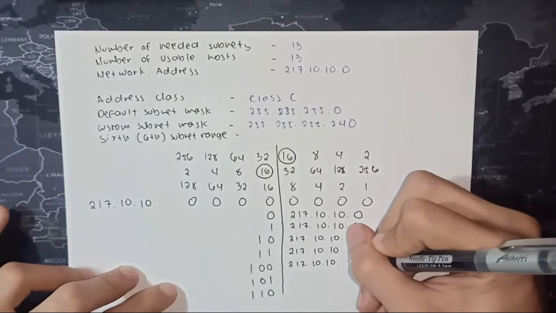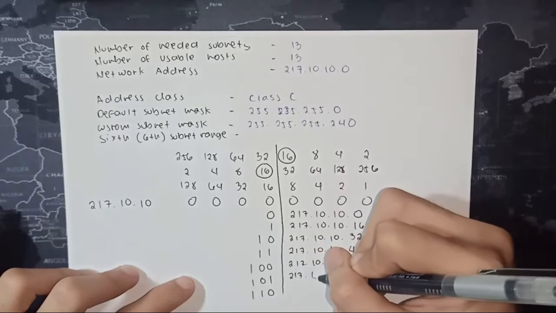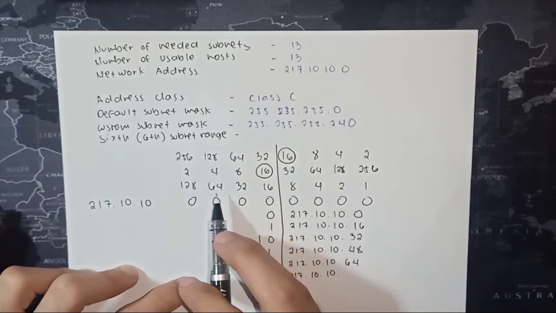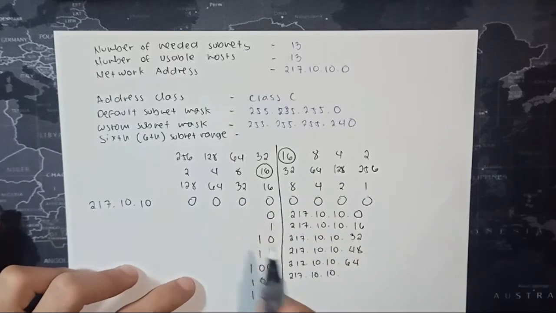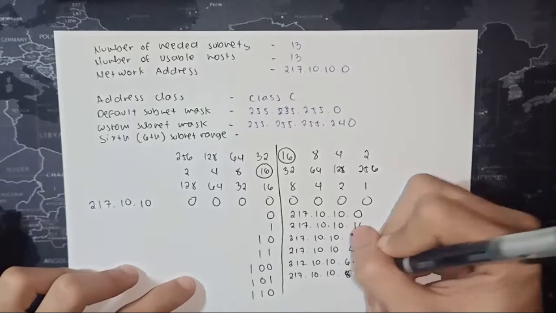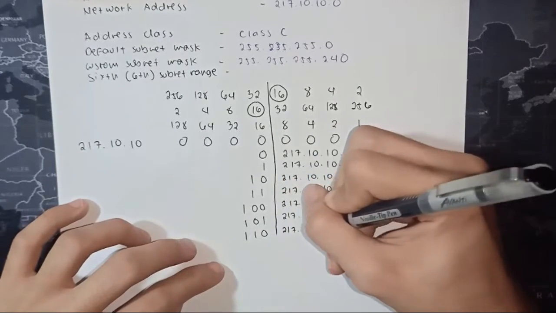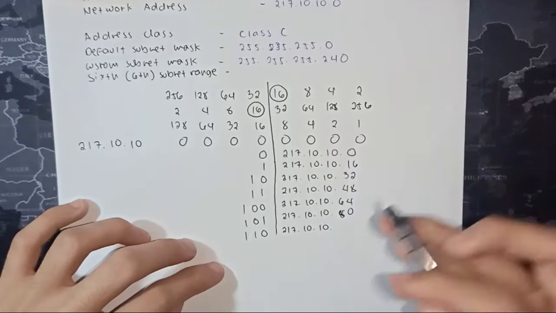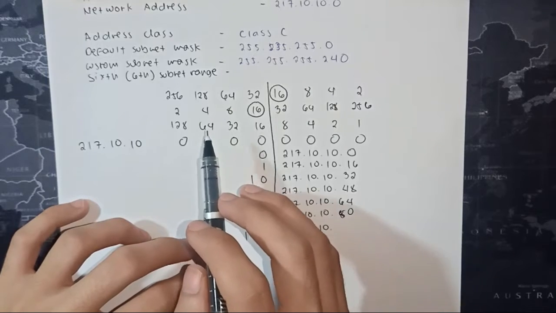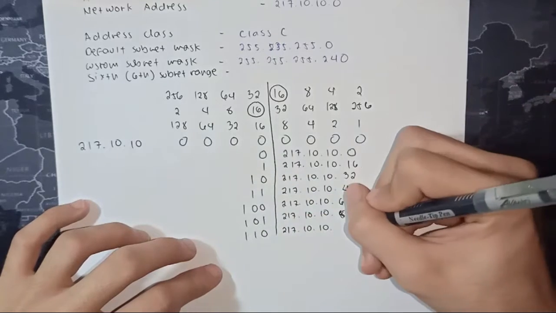We're just going to add 64. There are two 1s, so it will be 64 plus 32, and it will be 96.